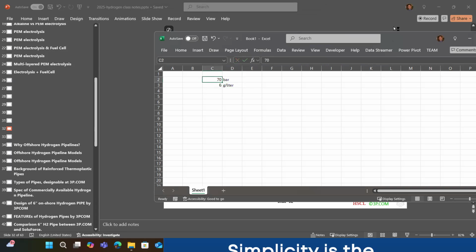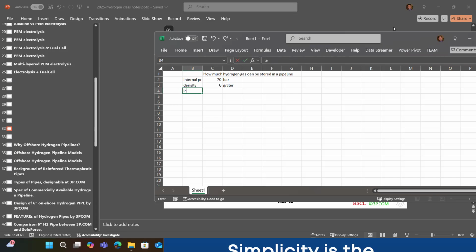Okay, so pipeline: how much hydrogen gas can be stored in a pipeline? So this is the internal pressure, and this is the density.